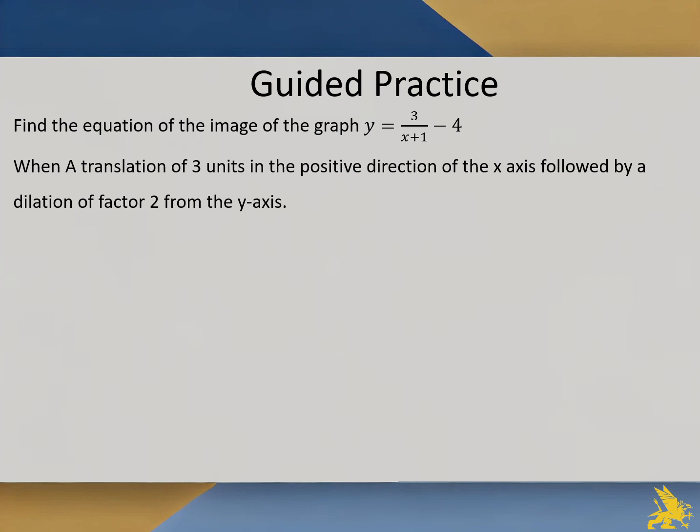Okay, find the equation of the image of the graph y equals 3 over x plus 1, minus 4. So now we're dealing with a graph that is not the basic form.